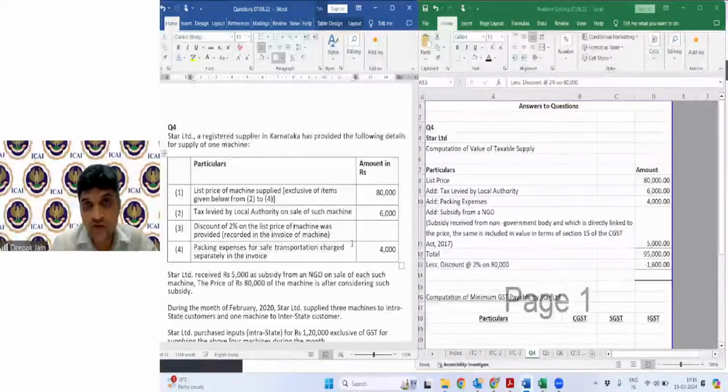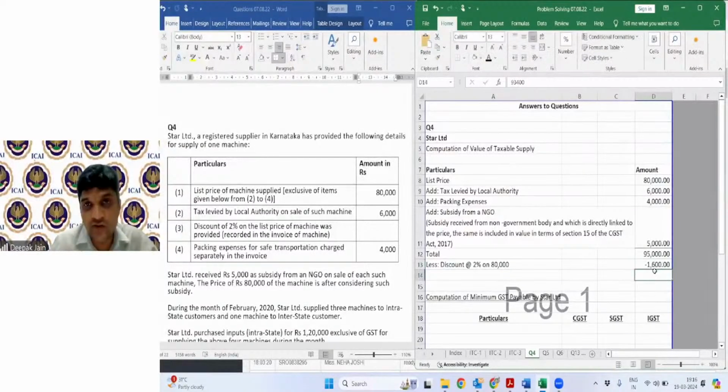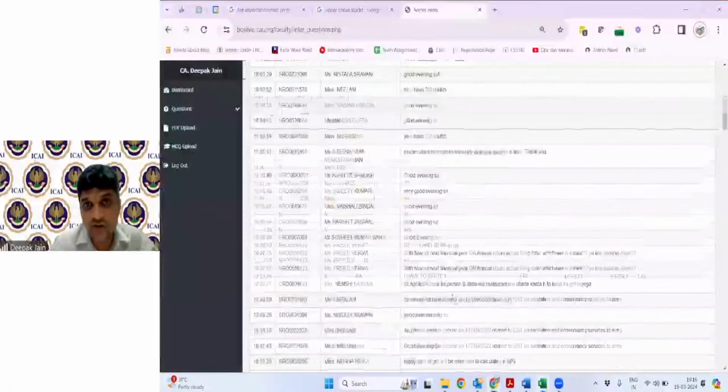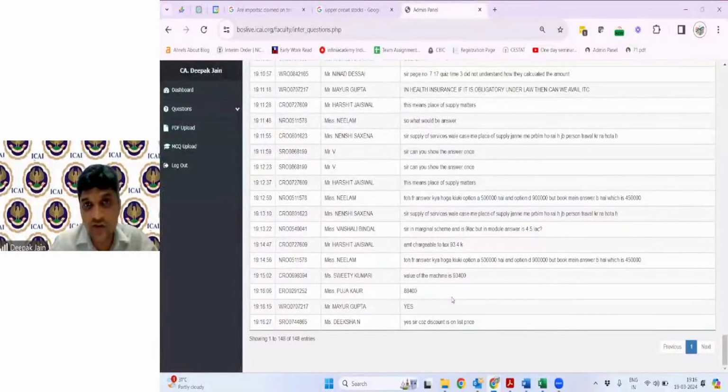Discount is given on the list price, and the list price is 80,000. आपके additions or deletions से discount का फर्क नहीं होगा. So discount is 2% on 80,000, which is 1,600. So if I reduce the discount from the total value, I get the value of taxable supply of 93,400. So for each of the goods, the value for the purpose of GST is 93,400. Okay.